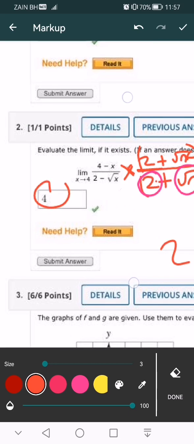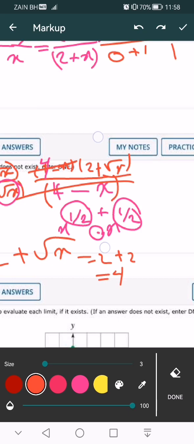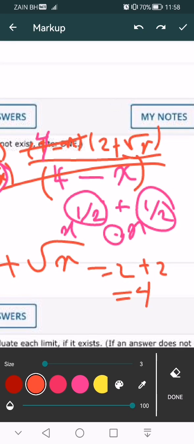The main purpose for solving this type of problem is how I can do something that will minimize the given of the question. For example, what I can do in this case, even by following the rules, is cancel something that will minimize the given of the question. So in this case, if you see, in the end I reach the answer when I cancel 4 minus x over 4 minus x.